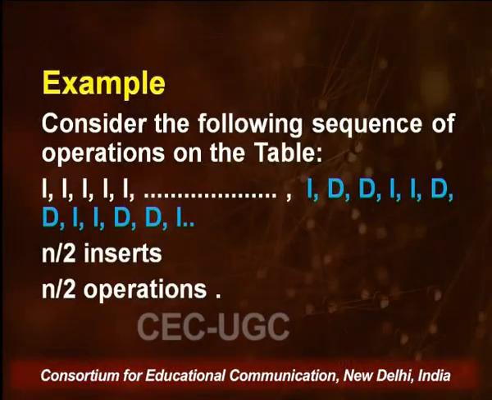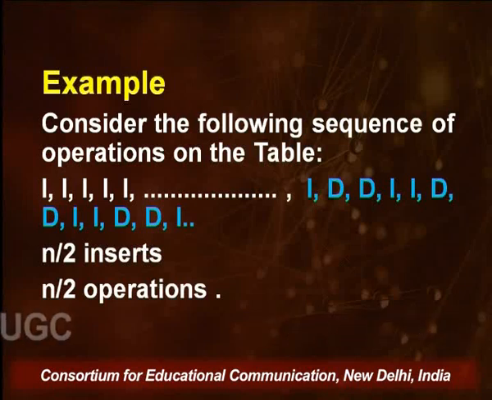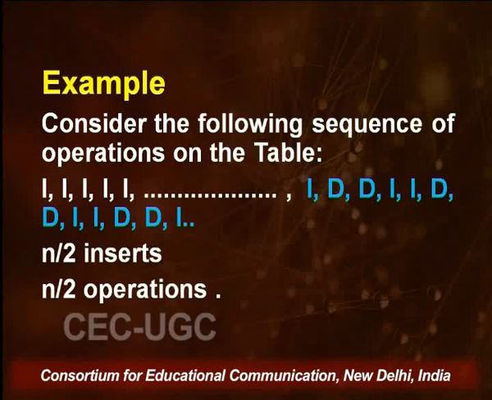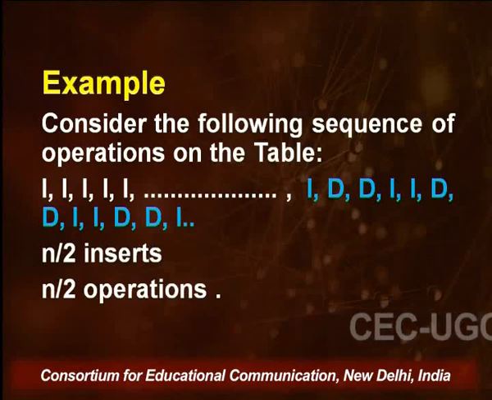Then we have one insertion, number of elements becomes size by 2 plus 1, one deletion, size by 2, one more deletion, size by 2 minus 1, then we contract it. So size reduces, then we perform 2 more insertions, and these 2 insertions trigger an expansion.